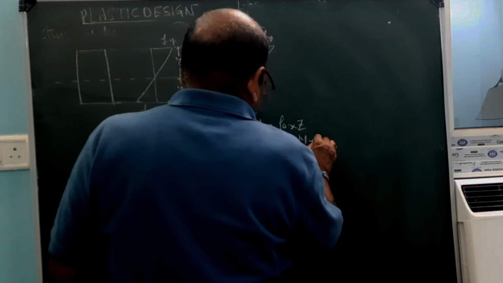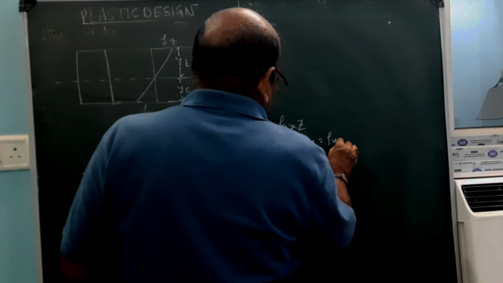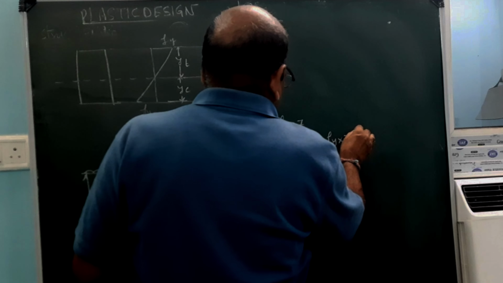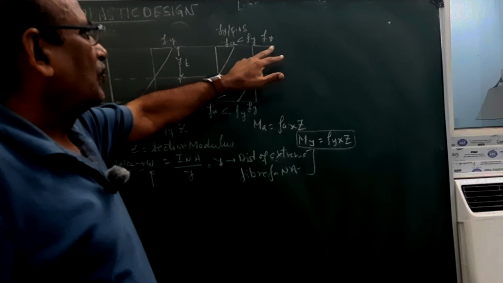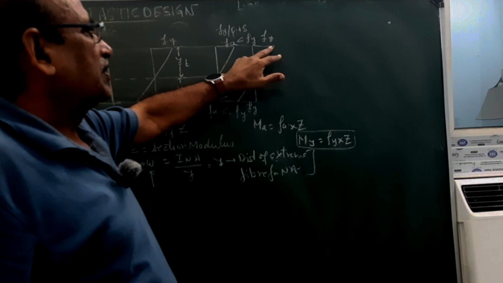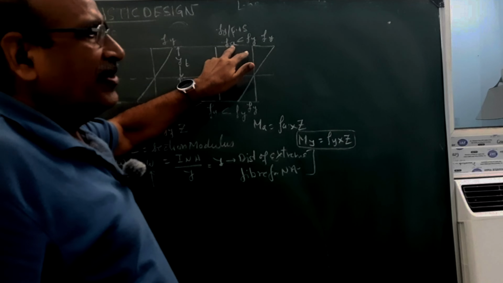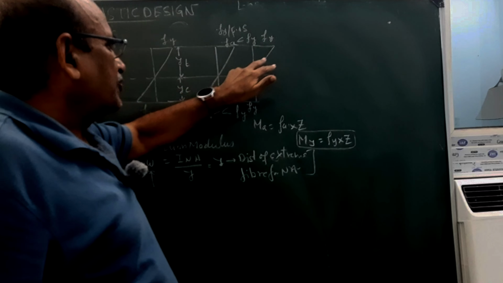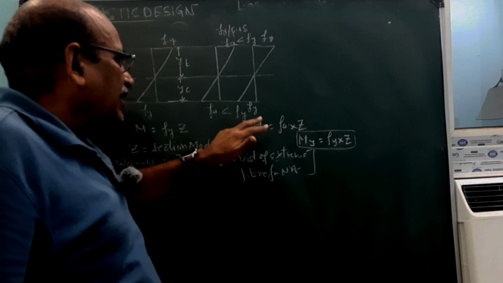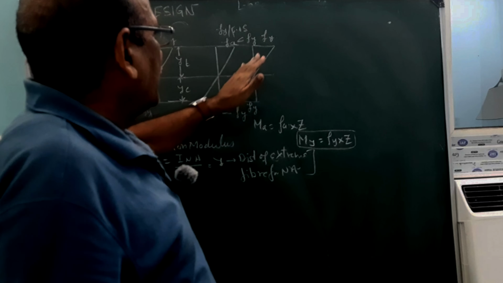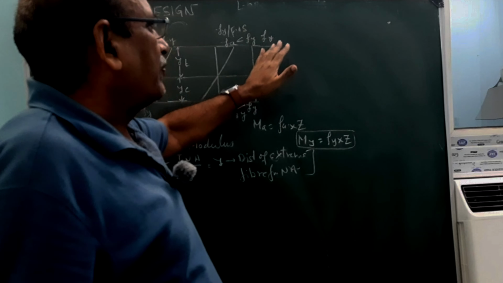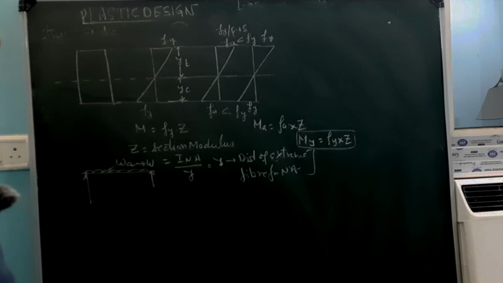You can say My is equal to Fy into Z. This load can be carried up to your stress Fy. So Fy is greater than Fa. So in elastic pattern, you can go up to Fy stress.